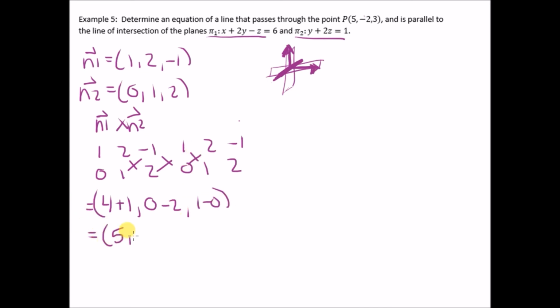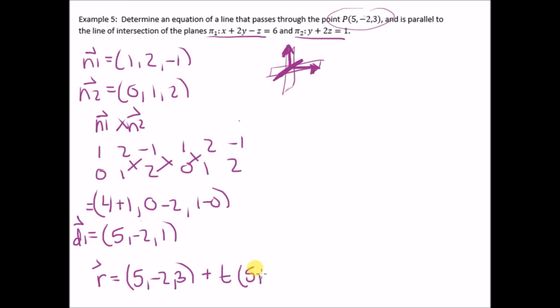Okay, so I get 5, negative 2, 1. This is going to be our direction vector of our line. Now it's actually pretty easy. Our line is going to be in the form 5, negative 2, 3, because that's a point that it goes through, and then plus some parameter t times 5, negative 2, 1 as the direction vector, and we know t is an element of the real number system.